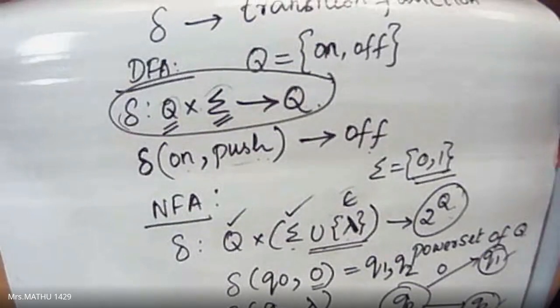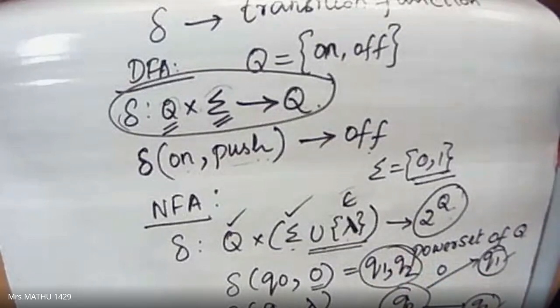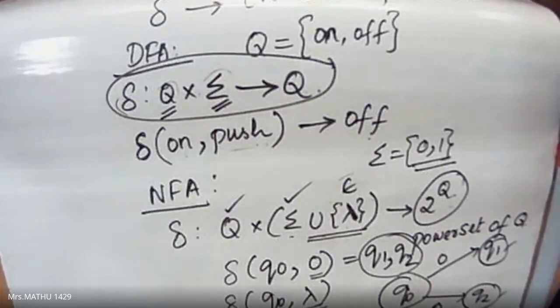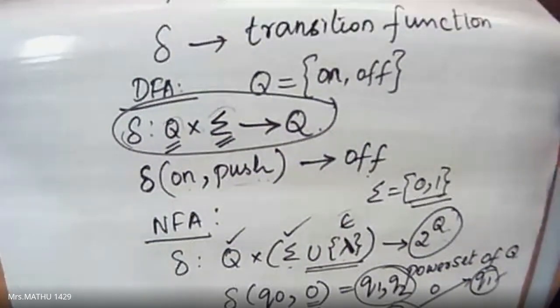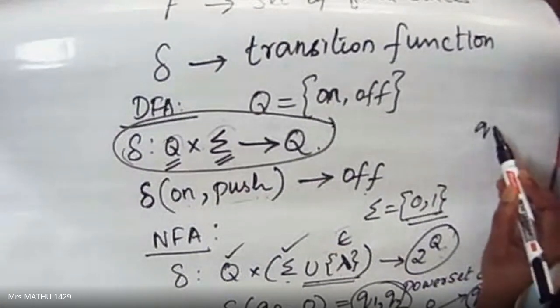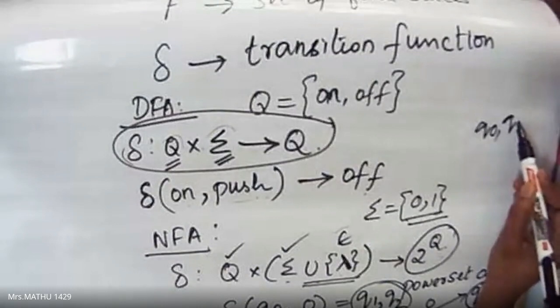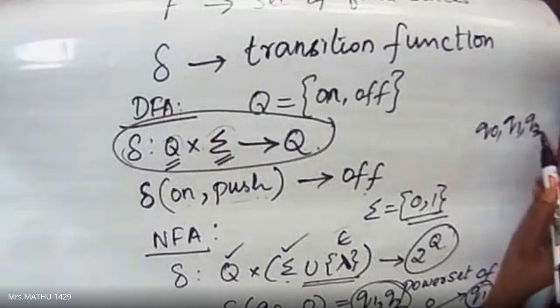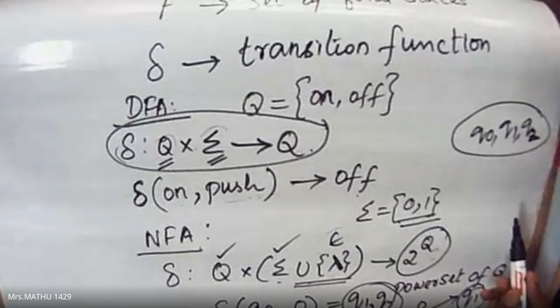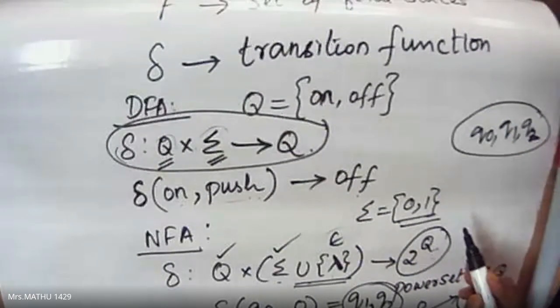So now from that, you will be having the output for the transition of this NFA. That is why it is 2 power Q. For example, if you have 3 states, Q naught, Q1, Q2, the internal states, what is the power set?